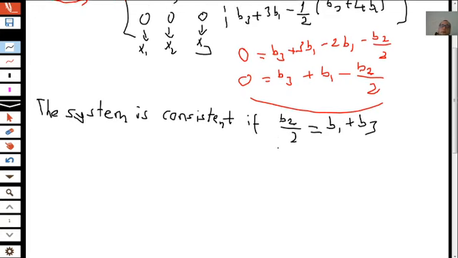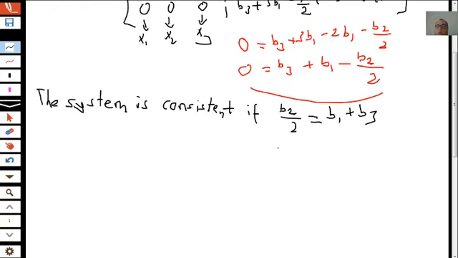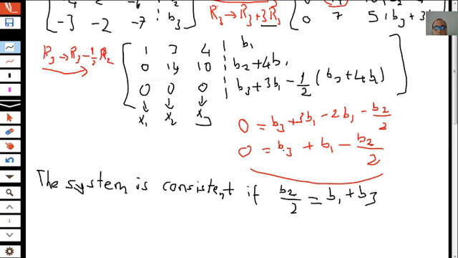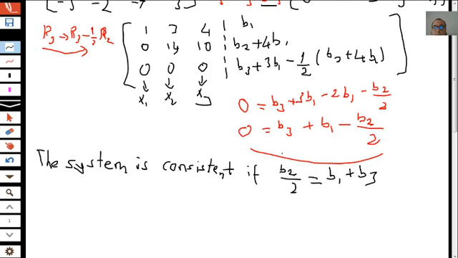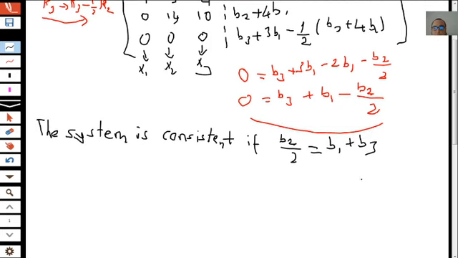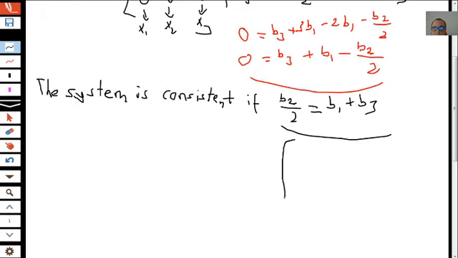This means that we don't have a solution for all b in R cube.